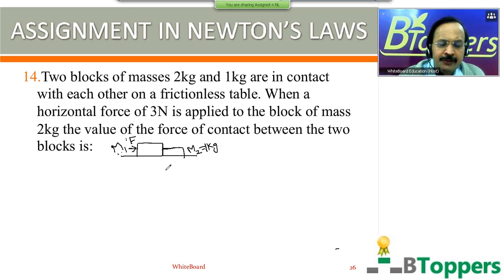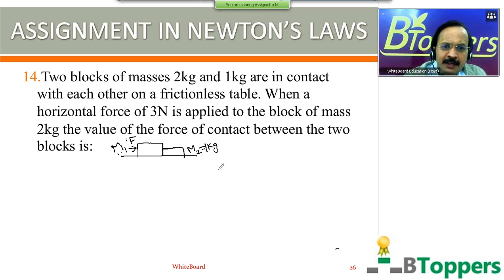So, I draw a separate figure showing the contact forces between the blocks. During the motion, let us suppose both the blocks move towards right under the action of the force applied. The first block of mass M1 pushes the second block of mass M2 towards right.